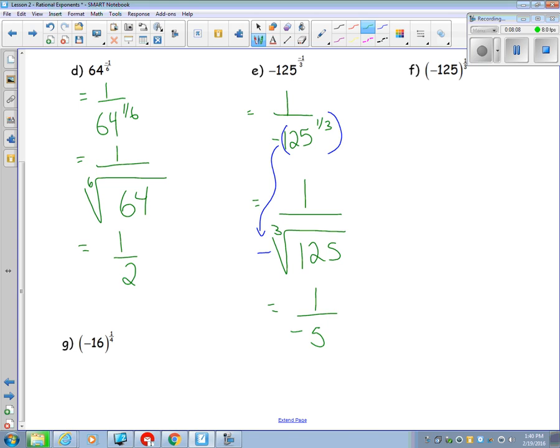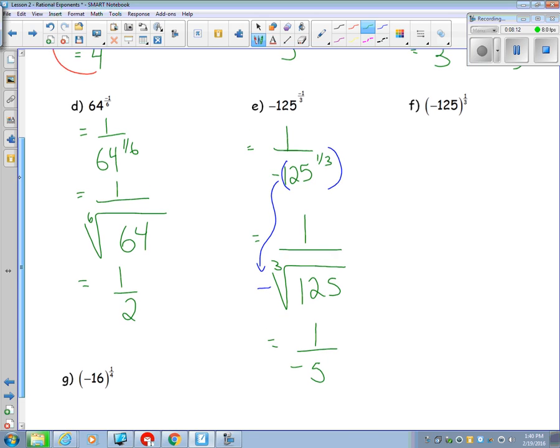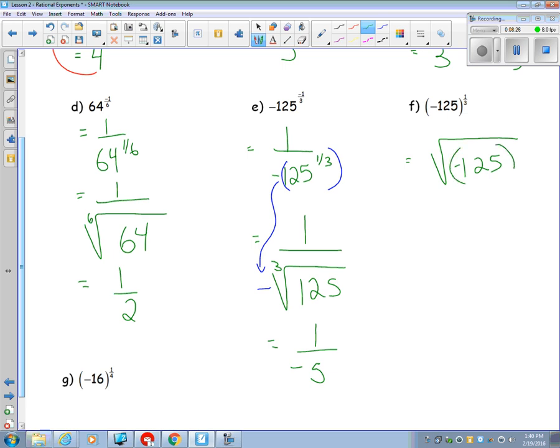Okay, now if I try the next one, take a look at this one, the cube root of negative 125, the negative sign is in the bracket this time. What does that mean? When I write this as a radical, underneath the radical I need 125 and the negative sign, because that's my base. And I need the cube root of that.